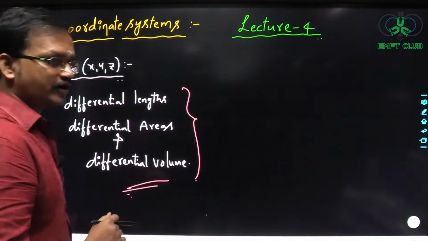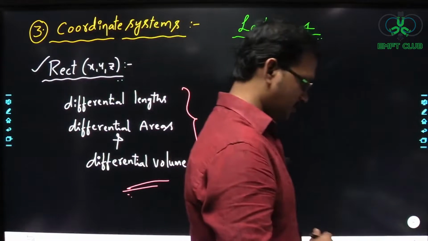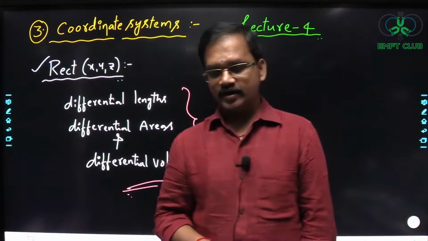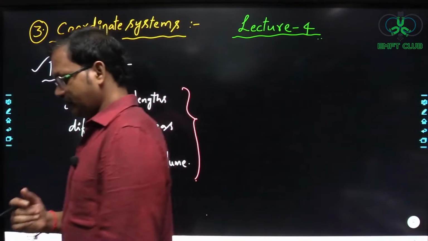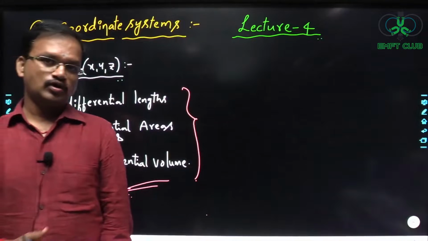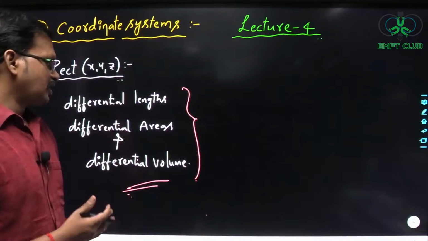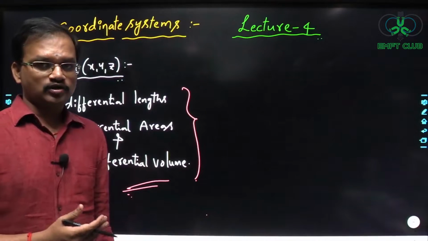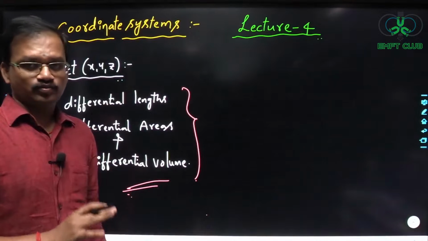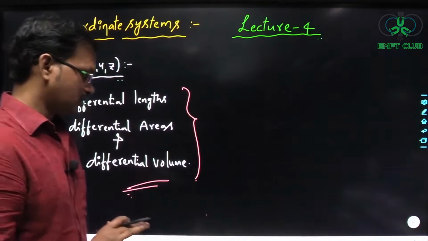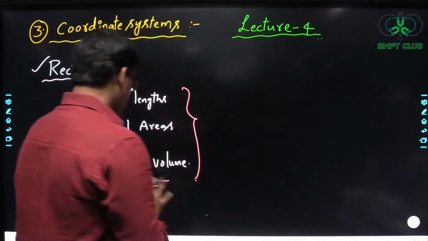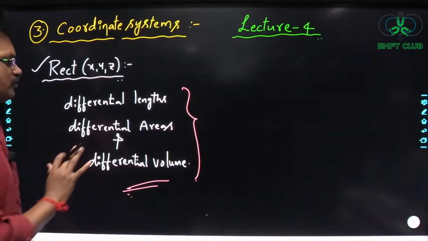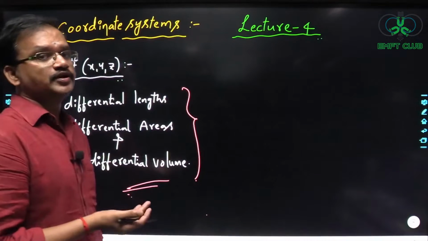In all the coordinate systems, not only in rectangular. So even if we go for cylindrical, and then a spherical coordinate system also, these differential lengths, differential areas and differential volume are very important. These are going to be very much helpful as we proceed into the subject.